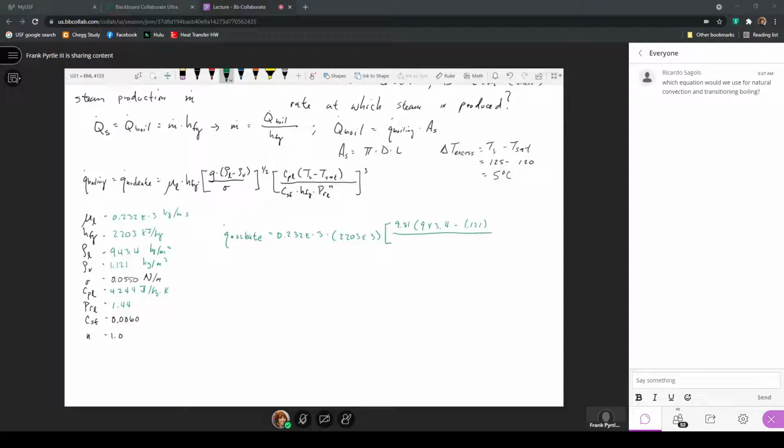The surface tension is in newtons per meter, and a Newton is just, oh my goodness, I'm forgetting that already. Kilograms times meters per second squared. So here we have just a basic unit, 0.055, and this is raised to the 1/2 times the specific heat of the liquid phase.